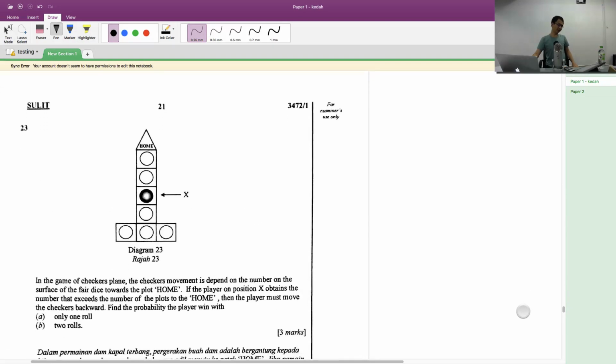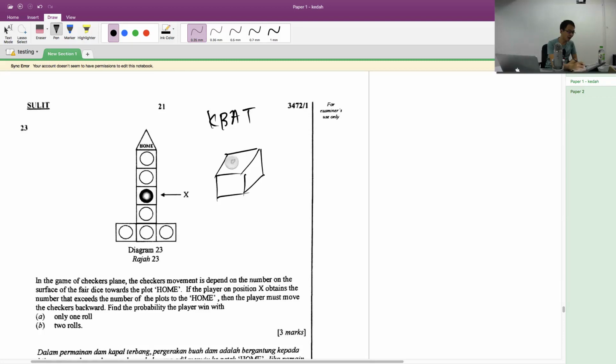Okay. I guess this is sort of KBAT, but this one is not really hard. I think it's still okay. In the game of checkers, the checker movement depends on the number on the surface of a fair dice. So just in case you do not know, dice is something that looks like this.